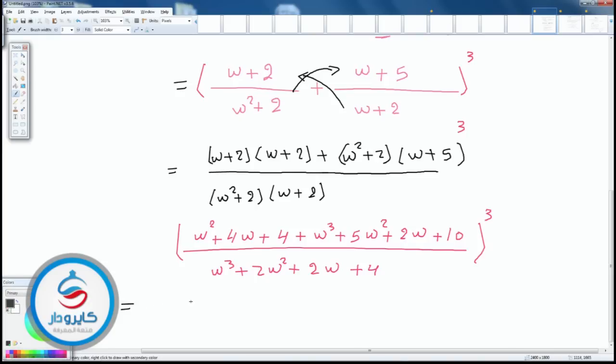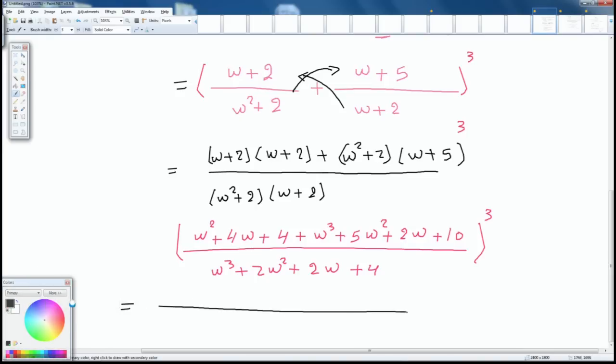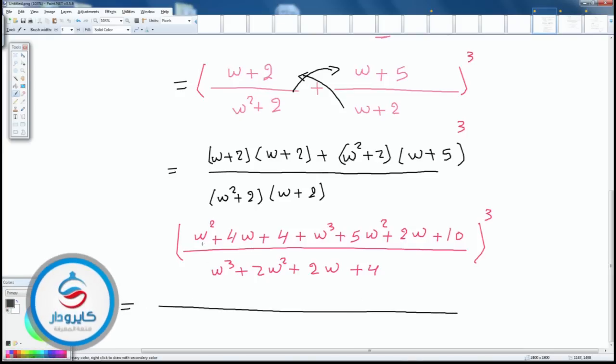Then omega power 2 plus 5 omega power 2, this is 6 omega power 2. 4 omega plus 2 omega equals 6 omega, and this is 4, and omega power 3 means 1. 5 plus 10 equals 15.